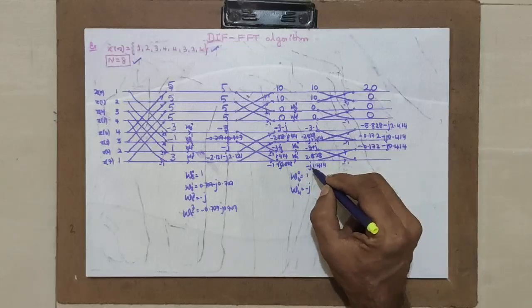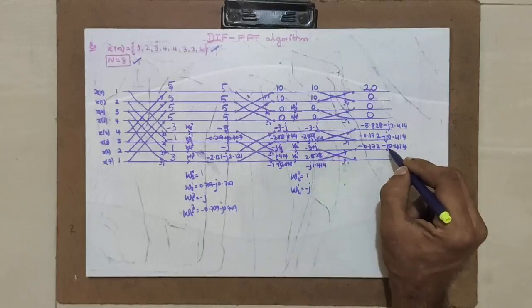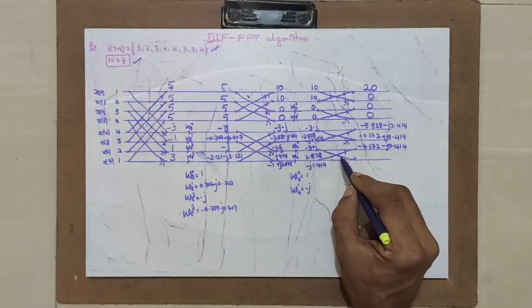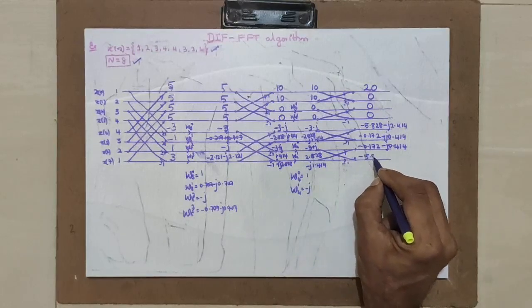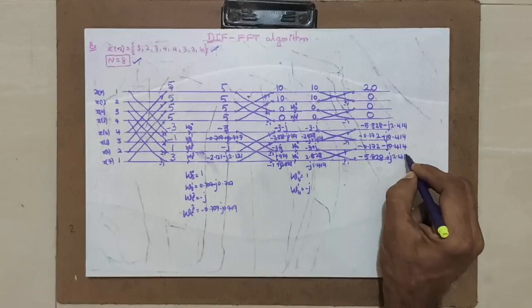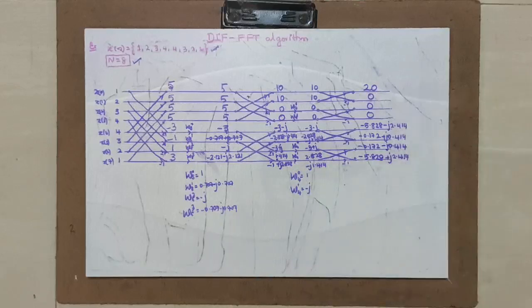Because this is minus j 1.414, this is plus j 1, adding gives you minus j 0.414. Now coming to this last point, minus 3 plus j minus of this, giving you minus 5.828 plus j 2.414. I got all the answers.